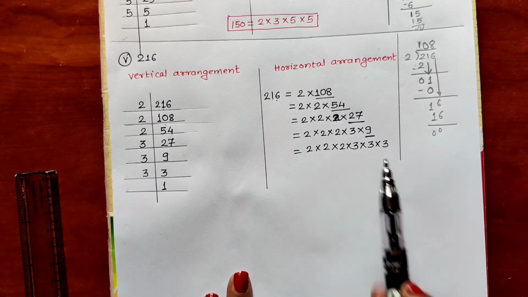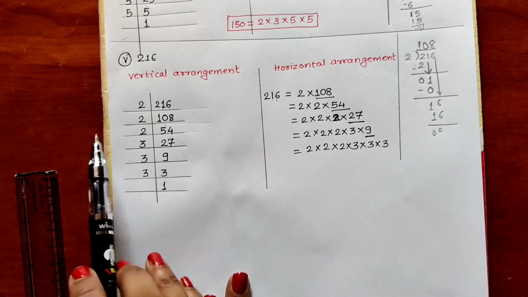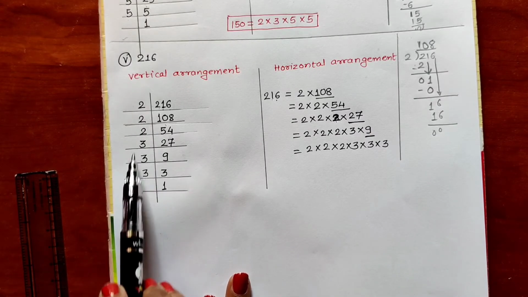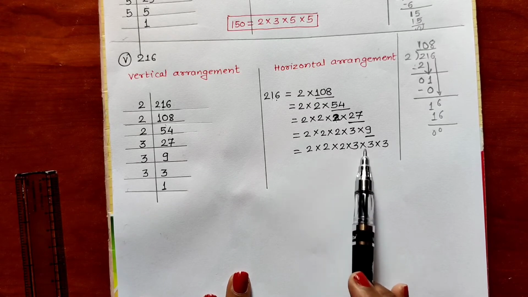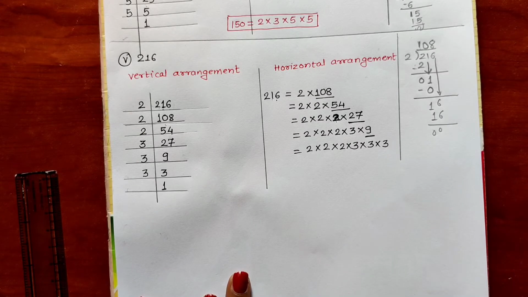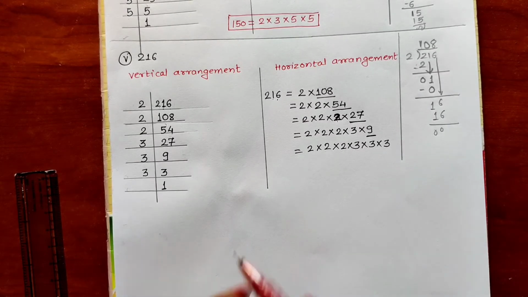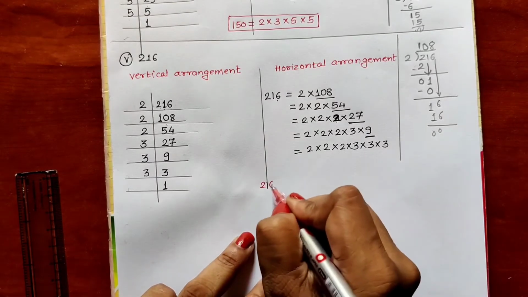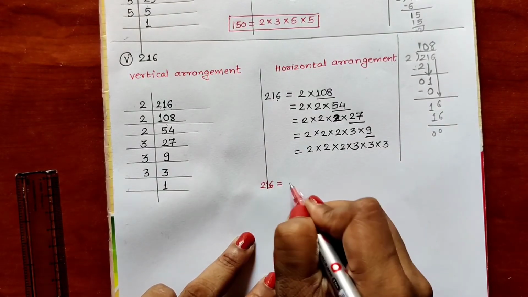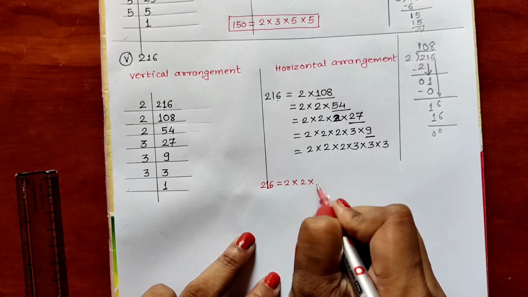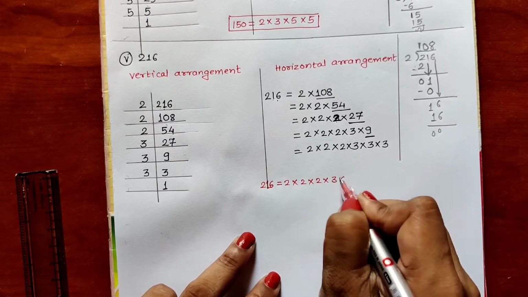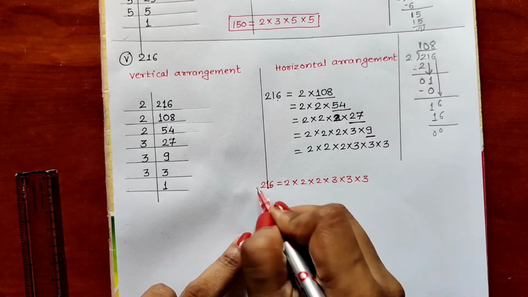So this is the last step. In this way we have got the same numbers, 2 2 2 3 3 3. In this way the prime factors of 216 are 2 into 2 into 2 into 3 into 3 into 3.